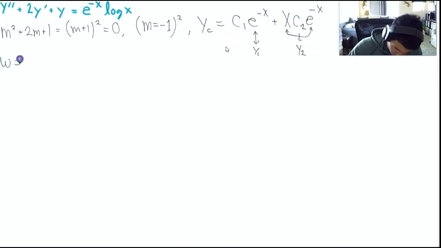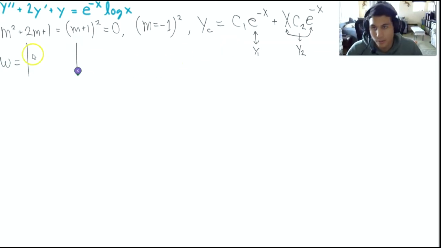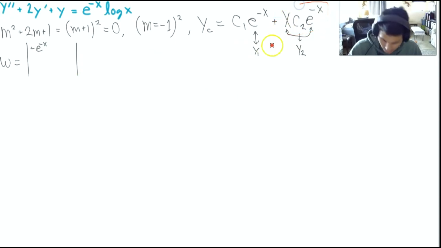Okay. So if we take the derivative, well, let's just set up our Wronskian scheme first. So it goes y1 here, y2 here, and then the derivative of y1 and the derivative of y2 here. So the derivative of this is negative e to the negative x. The derivative of this, okay, now maybe I need to make my scheme a little bit bigger.